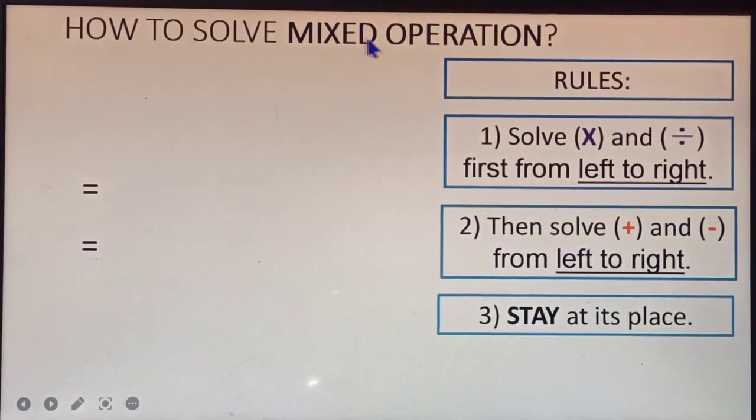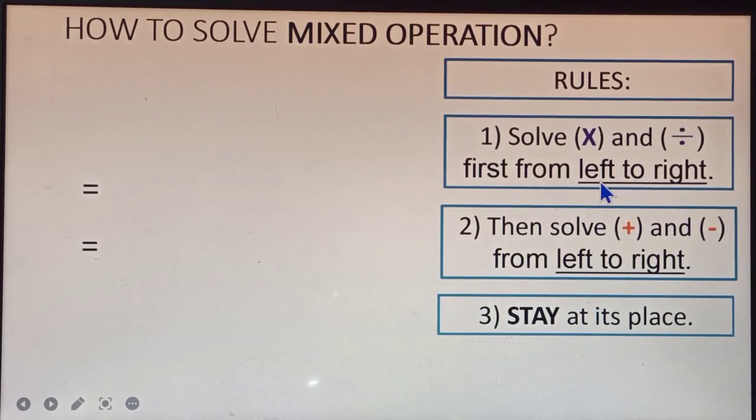Okay, how to solve mix operations? Okay, the rules, look at the rules here. Okay, rules teacher, simple saja. Rule number 1, kalau you terlihat kali and divide atau divide and kali, you have to solve this operation first. Okay, from left to right, dari kiri ke kanan.